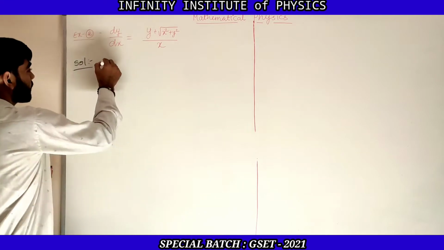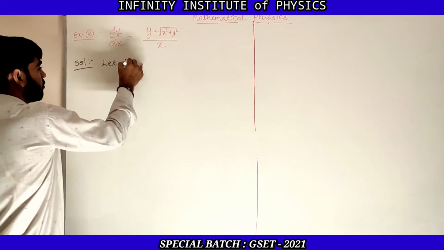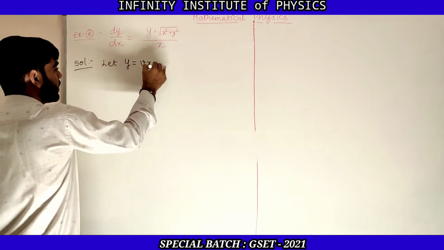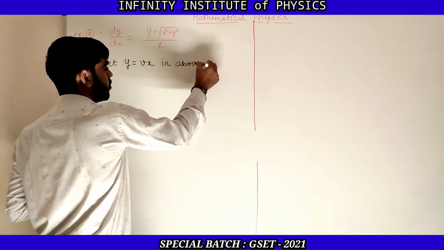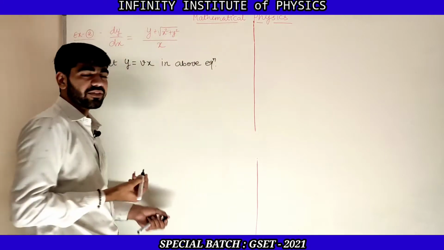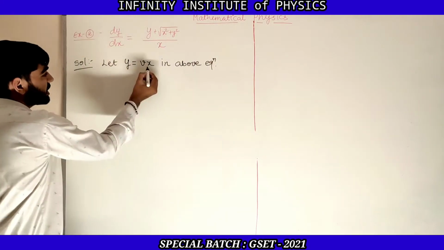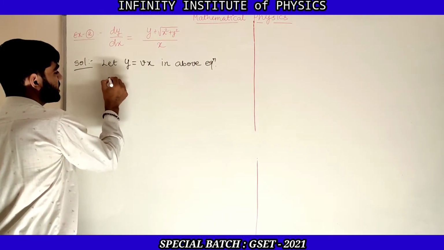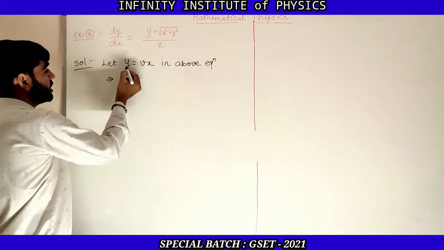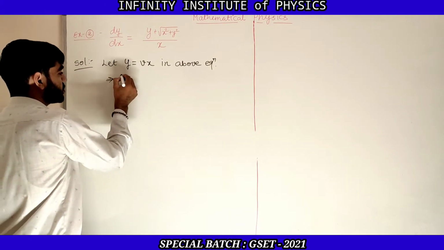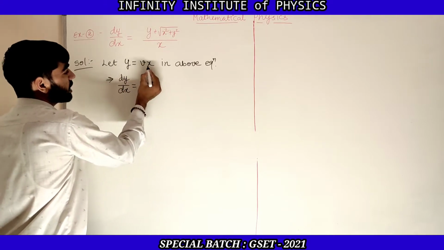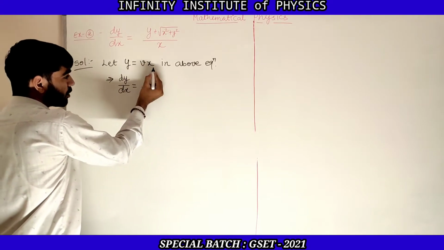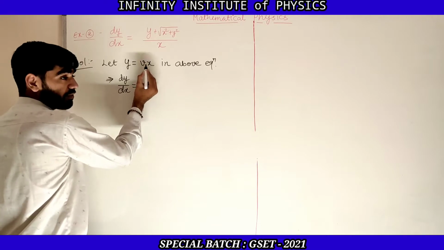So let y is equal to vx in the given equation. If we take y is equal to vx, then let us differentiate on both sides with respect to x. The differentiation of y is dy by dx, which is equal to, on the right hand side, two functions of x: x itself and v.